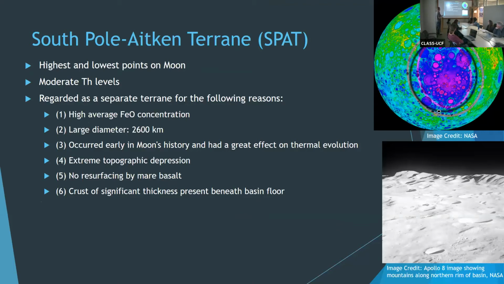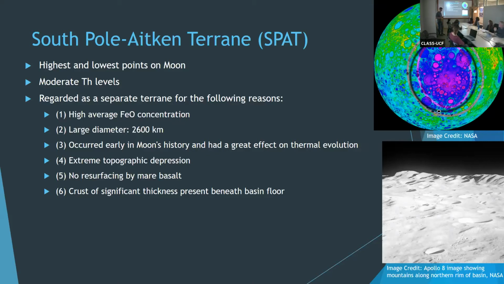Also its large diameter; this is one of the largest impact basins in the solar system. And it occurred early in the Moon's history, and had a great effect on the subsequent thermal evolution, especially in the upper mantle where the impactor struck.